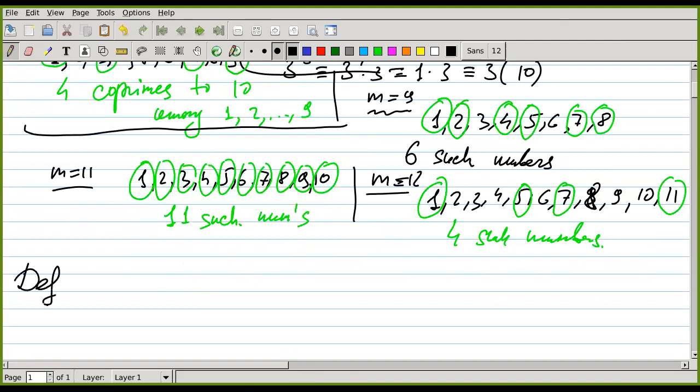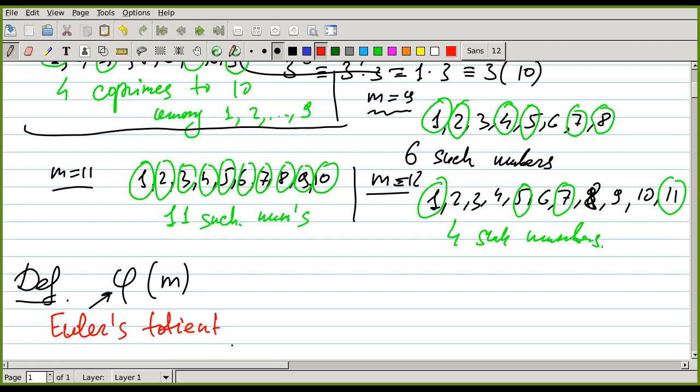Yep. And now I will define some special function. It is denoted by phi, and it is known as Euler's totient. Please notice this strange word. Euler's totient function.